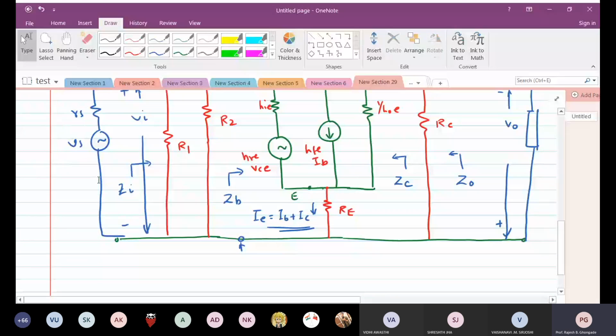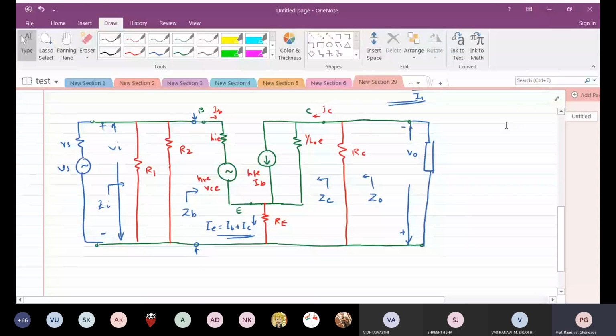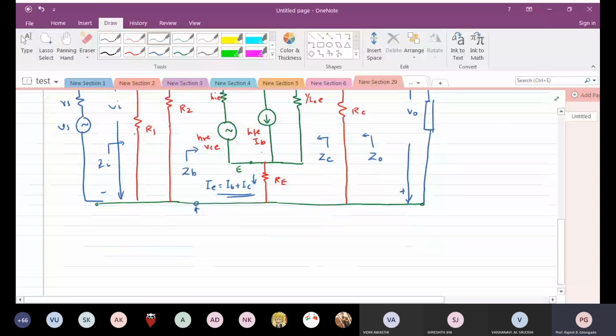Just have a look at this. I'm applying this VI here.